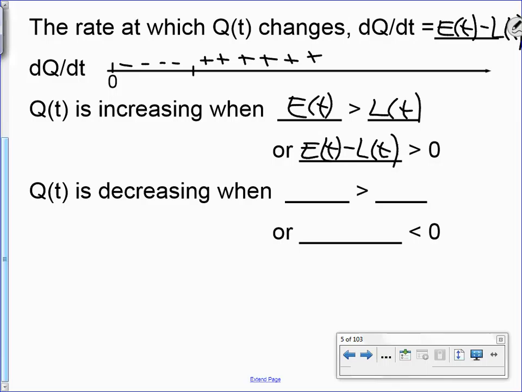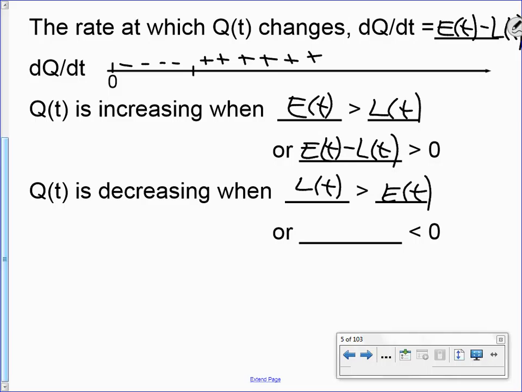When is a quantity decreasing? Filling in this first inequality here, which has to be greater. L of t, the rate out, is greater than the rate in. Your quantity is going to be decreasing. So what would have to be negative?